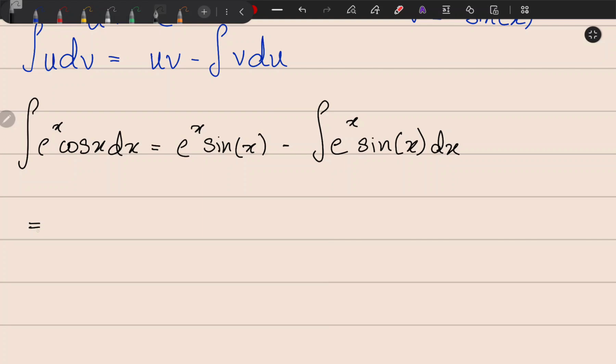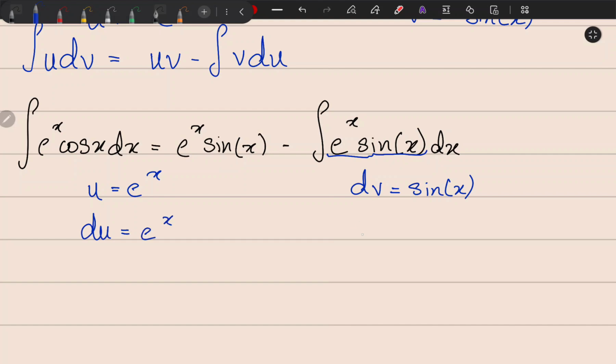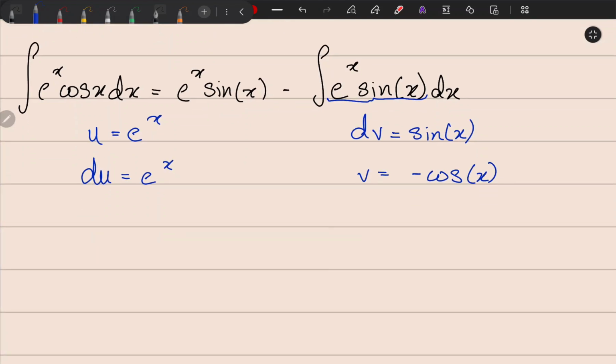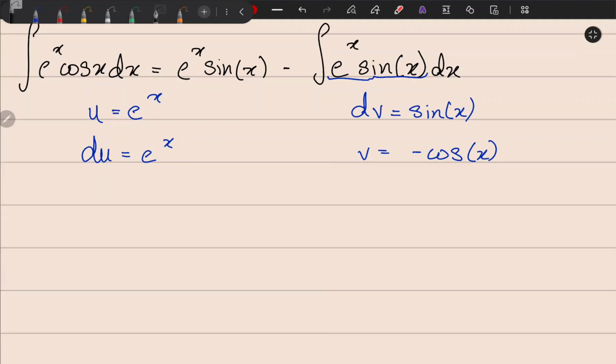So let me set up the second integration by parts, this time integrating e to the x sine x. So again, let me set my u as e to the x and let me set my dv as sine x. The derivative of e to the x is e to the x, and the integral of sine x is negative cosine x, right? And now let's do by parts again.